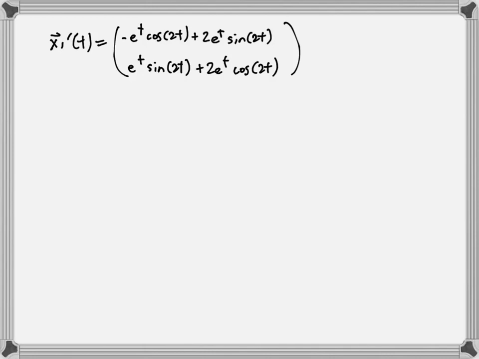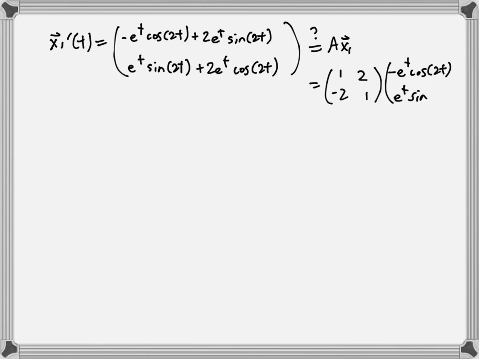So we want to know, is this equal to A times x1, which is the matrix 1, negative 2, 2, 1 times x1? x1 was negative e to the t cosine of 2t, e to the t sine of 2t. And let's just keep working with the right side to see if they are the same. So how do you do matrix multiplication?